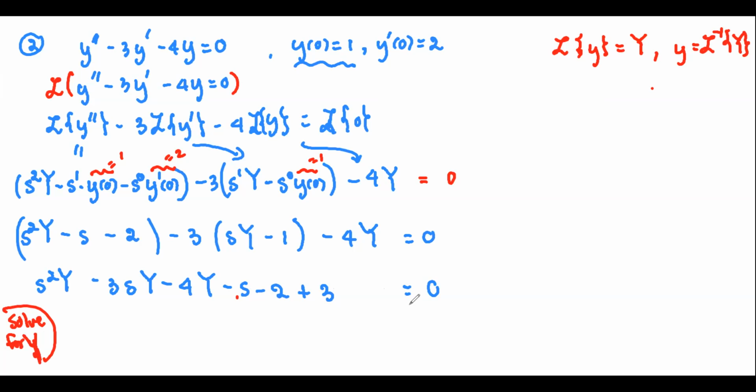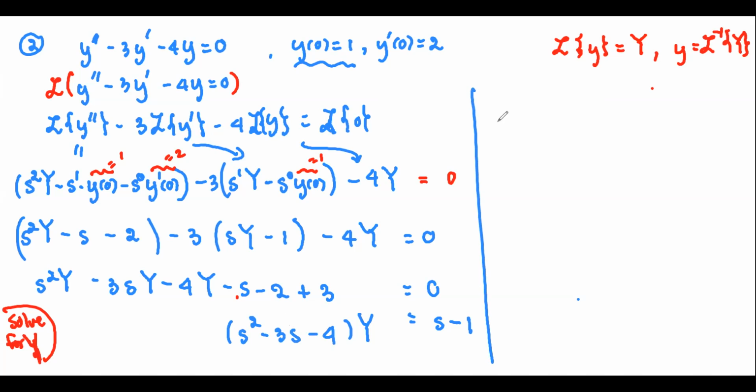Now we have s minus 1 on the right, and on the left we have the common factor capital Y with the coefficient s squared minus 3s minus 4. So then solve for Y. The capital Y is s minus 1 divided by s squared minus 3s minus 4.